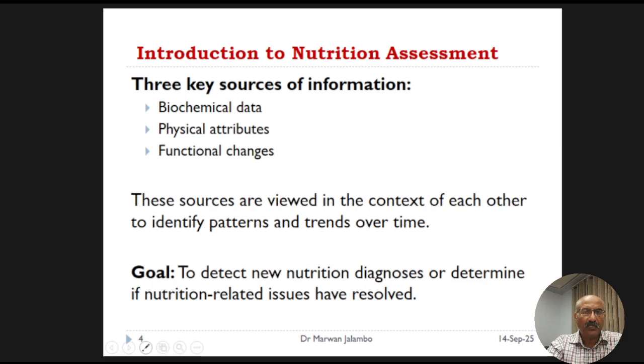It is essential to understand that these are not isolated pieces of data. We must view them in the context of each other, looking for trends and patterns over time. This integrated approach allows us to observe, analyze, and infer data effectively.